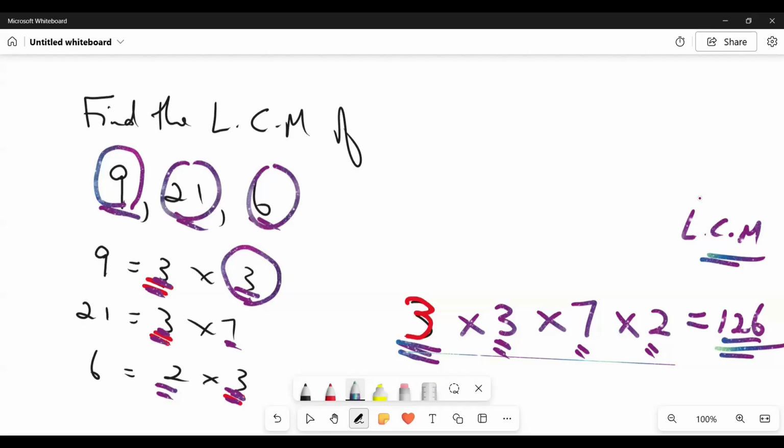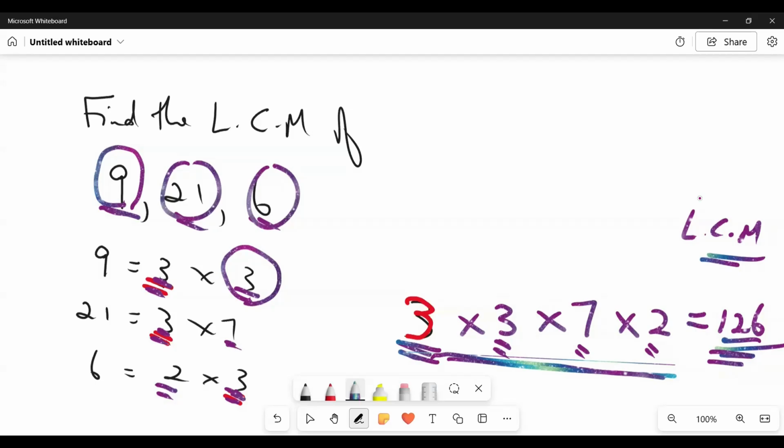Once we represent all the factors in the number and we get the common ones, when we multiply them, we will get the LCM. It's just an arithmetic procedure that works based on the fact that you can write any number as a product of its prime factors.